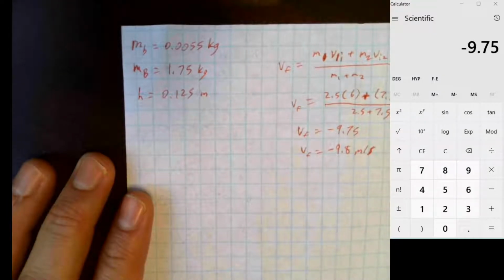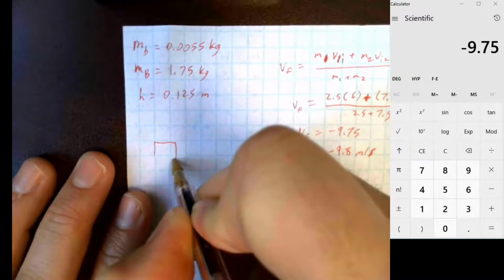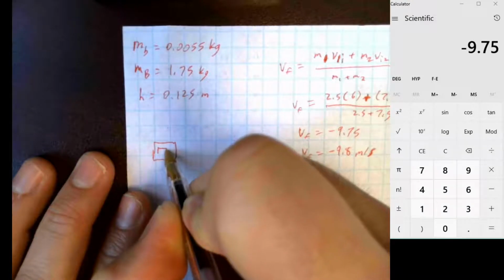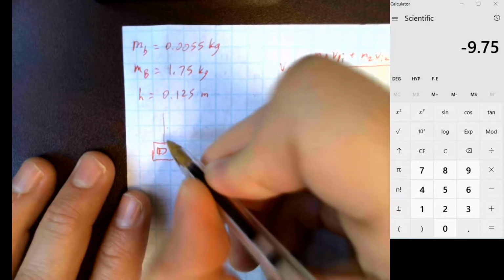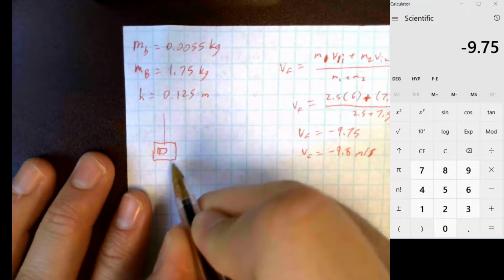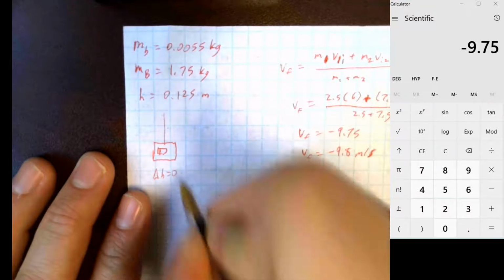They stick together, so the kinetic energy there is not going to be equivalent to the kinetic energy after. But at the point where the bullet enters the block, this is our bullet in the block, and it has not yet changed its height, so its delta H is 0 at this point.